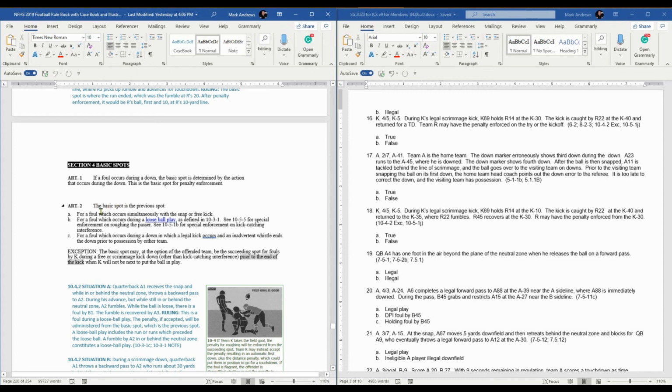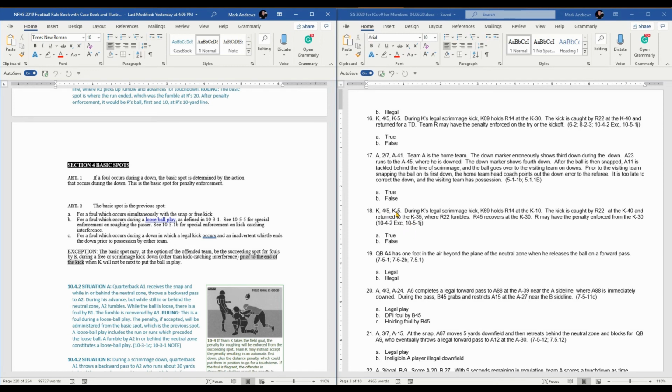So the basic spot is the previous spot for a foul which occurs simultaneously with the snap or free kick, a foul which occurs during a loose ball play, and a loose ball play is a free kick or scrimmage kick, a legal forward pass, backward pass, and so on. Okay, you can read that yourself. So we have a loose ball play, and the basic spot is the previous spot, which in this case was the K5.